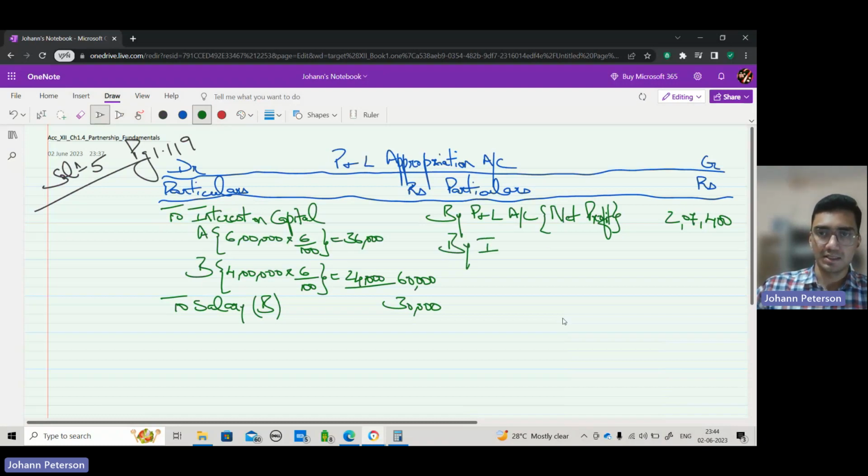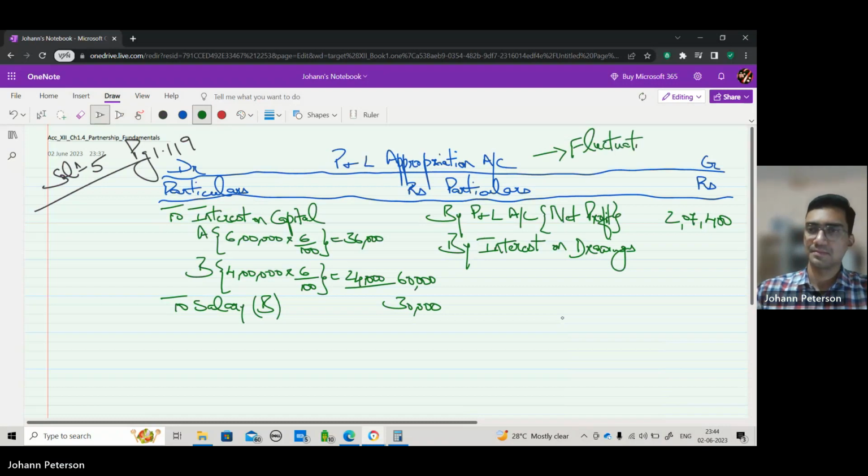So I'm going to write by interest on drawings. Again, all these items which I'm writing, these appropriations, these are according to the format. And the question also says in the end that we have to follow the fluctuating method. So this is the fluctuating method.